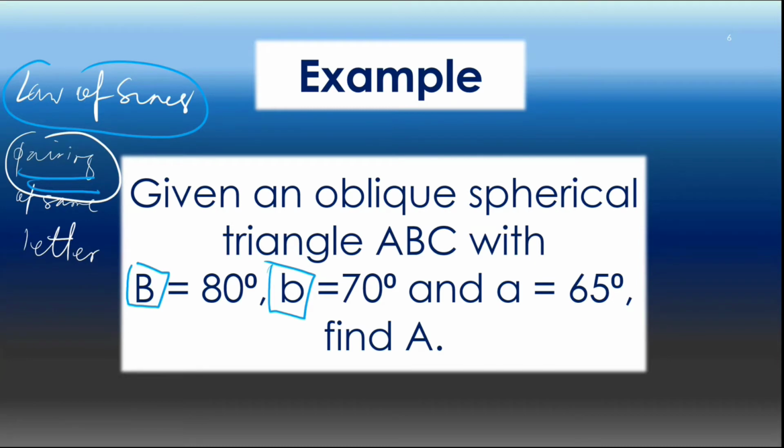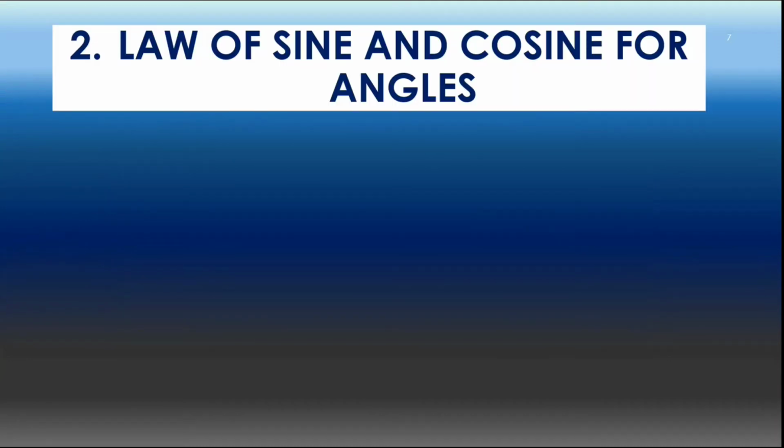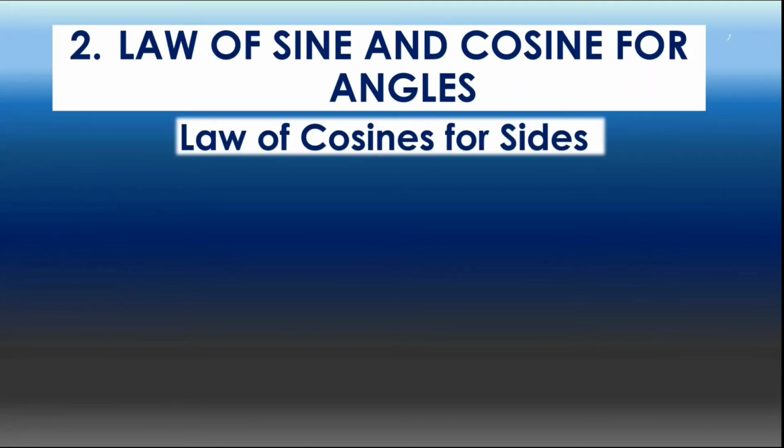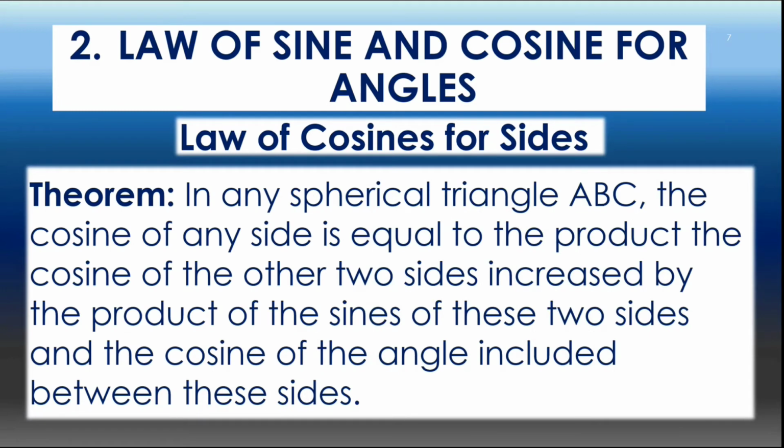So continuing, we now have the law of cosines for sides. So this theorem: in any spherical triangle ABC, the cosine of any side is equal to the product of the cosine.